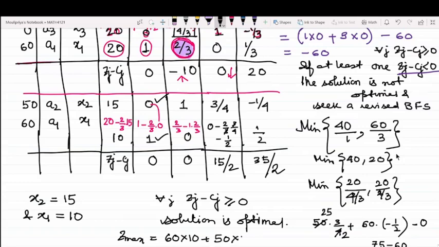I think we did this problem the very first day, and we calculated this using the graphical method also. The answer amounts to 1350. Are we okay with this?